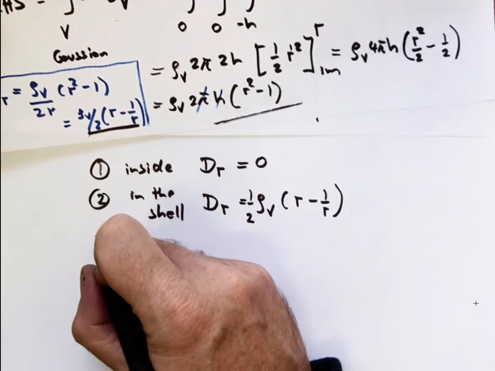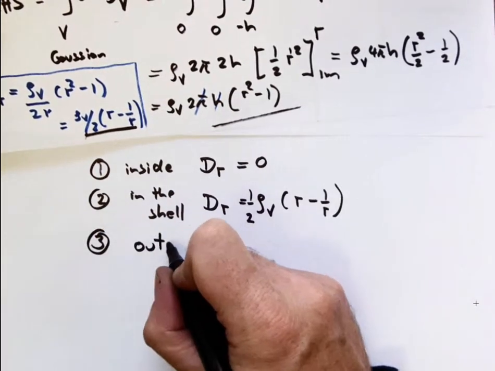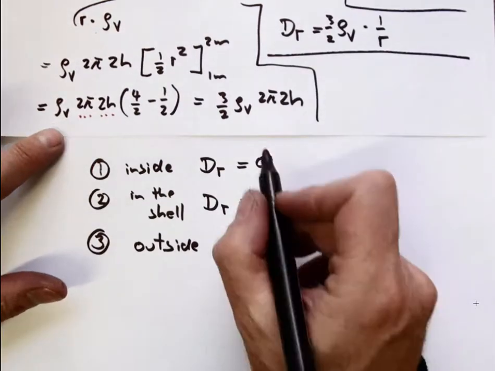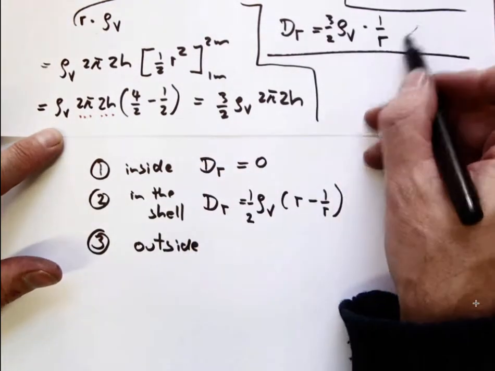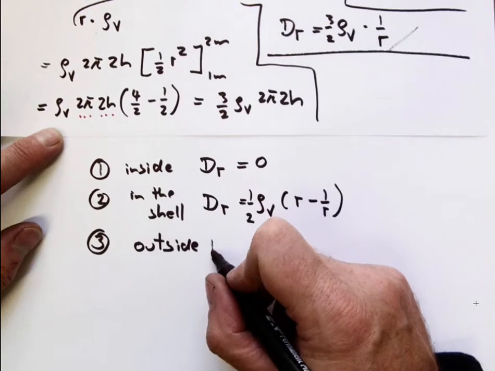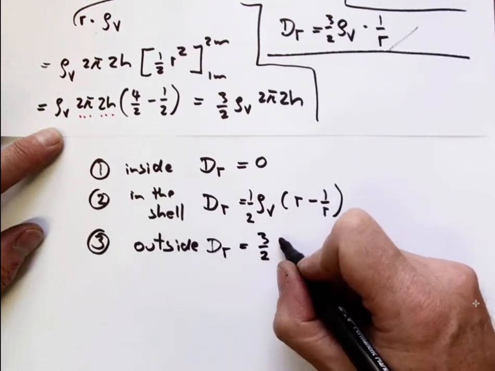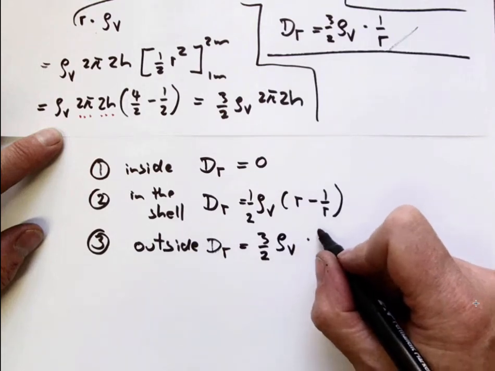And finally in region 3 outside, as we calculated a moment ago, we get Dr is equal to 3 on 2 rho v times 1 on r.